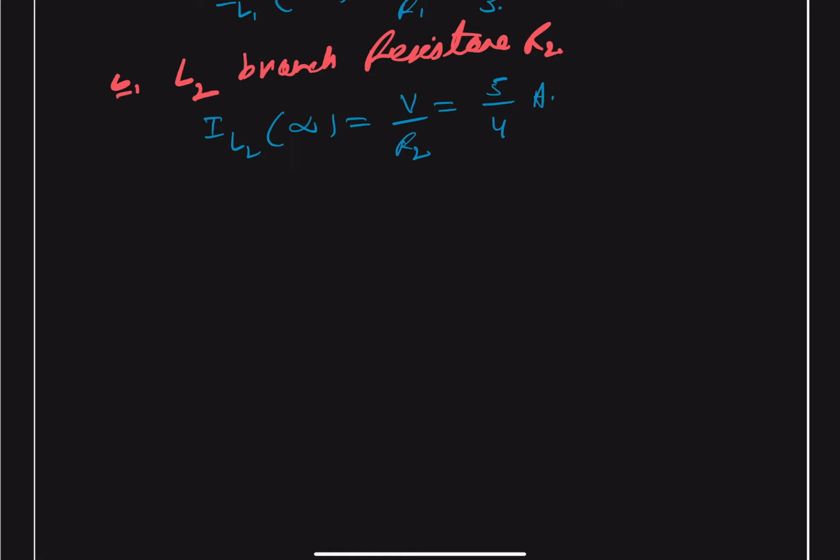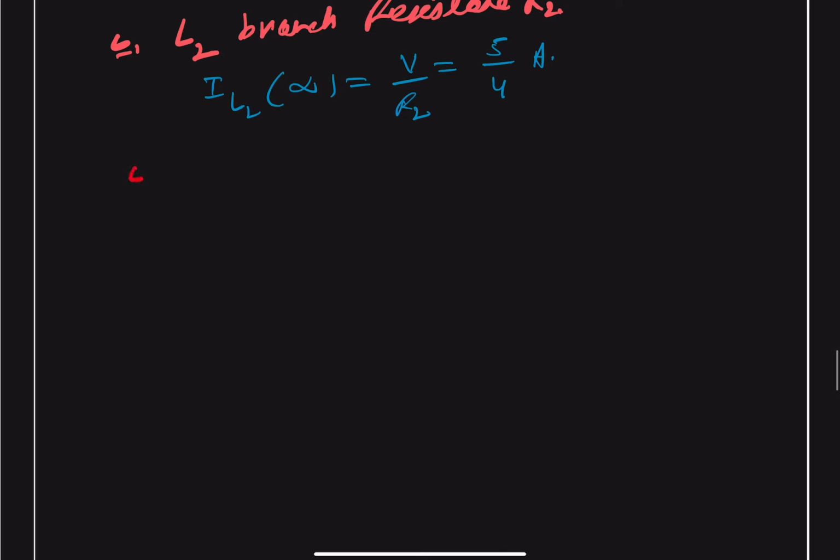And our resistor current will be the same. So for resistor R, IR is equal to 5 upon 12.